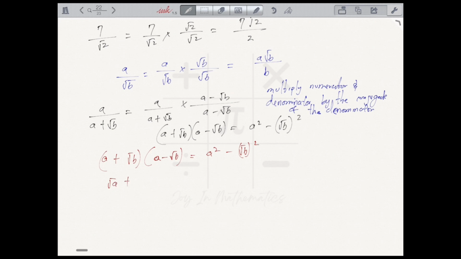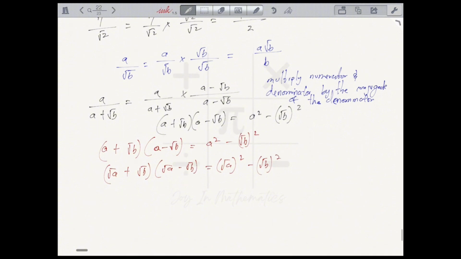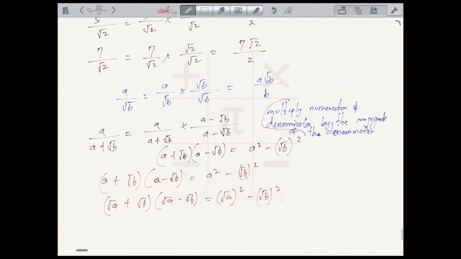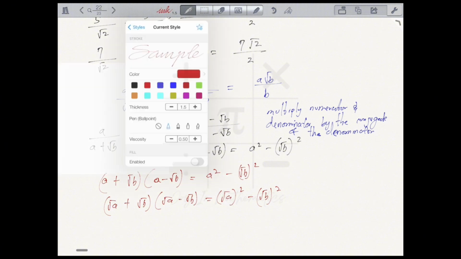And if it is root a plus root b, the conjugate is root a minus root b, and this will give us root a squared as the first term minus the square of the second term, and it continues like that. So the rule is to multiply the numerator and the denominator by the conjugate of the denominator.